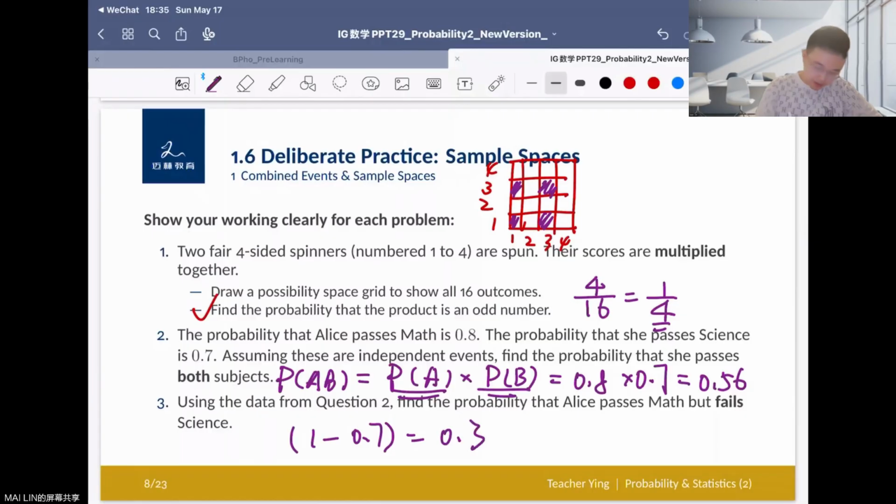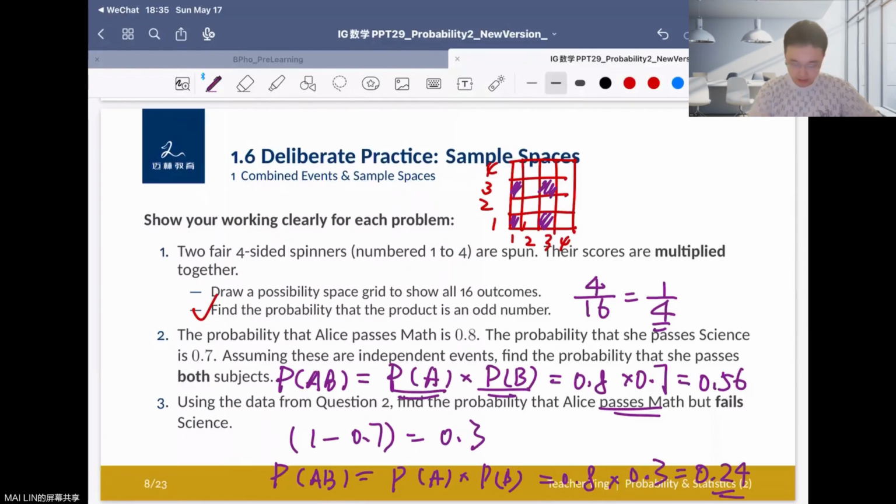So again, you can use the rule P(A and B) equals P(A) times P(B). So Alice passes the math exam at 0.8 and she fails the science exam at 0.3, okay? So when you multiply them together, that is 0.24, okay? That is the final probability here.